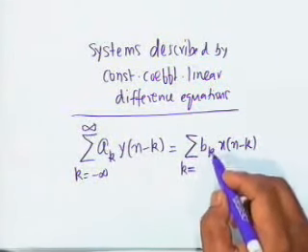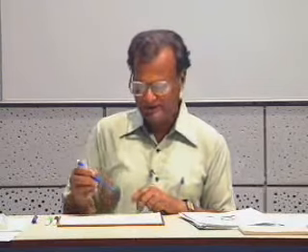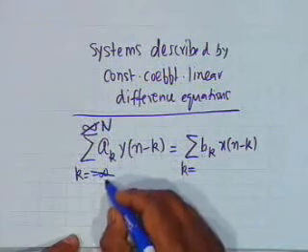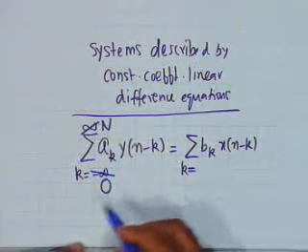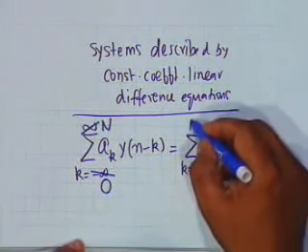A mistake: we cannot have infinite difference equations, so this should be capital N and the lower limit should be 0, the present output. And here also k equals 0 to some capital N.